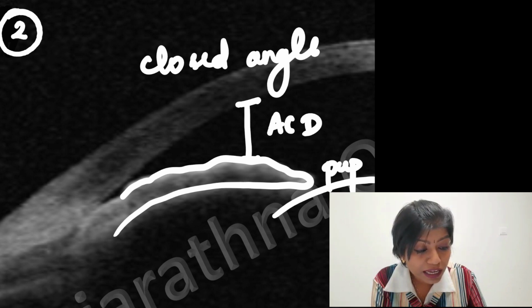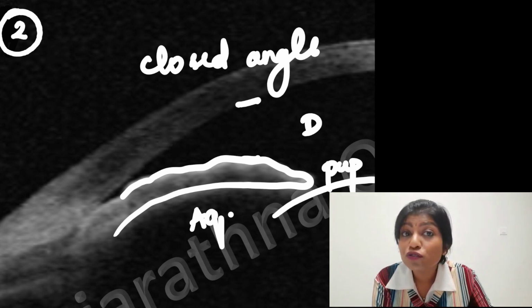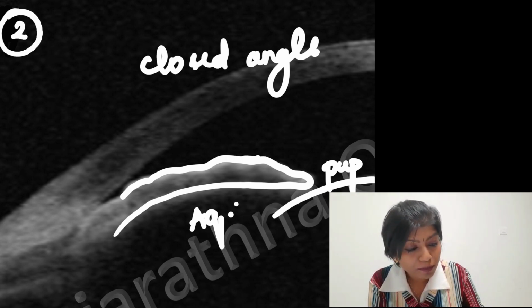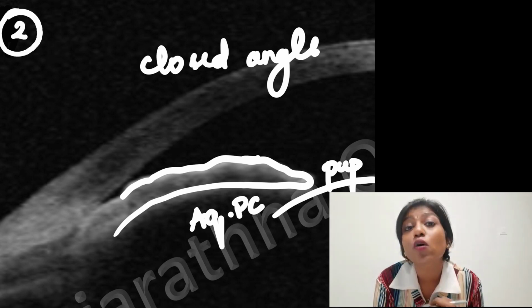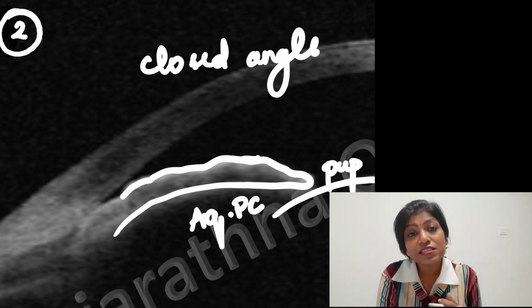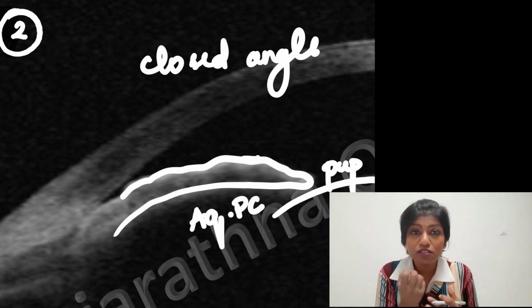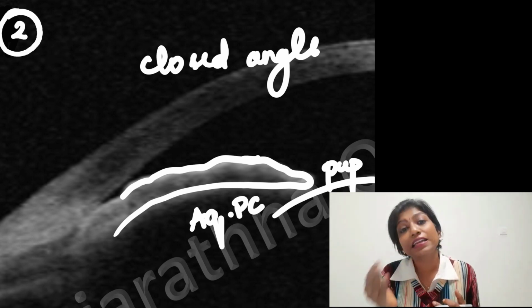See, this is the pupillary area, and now my aqueous, which is present here, is not able to move to the anterior chamber. So the aqueous from the posterior chamber is not able to move to the anterior chamber. So now what happens is there is an increased pressure in the posterior chamber, which is pushing my iris forward. So I've got an iris bombé and an angle closure.